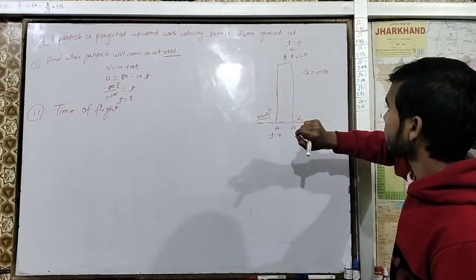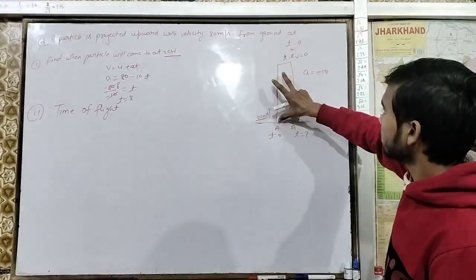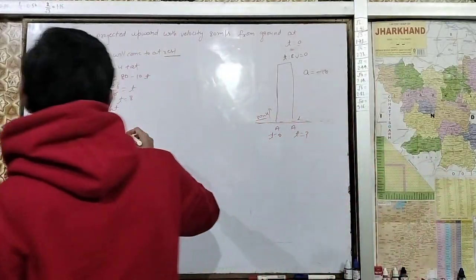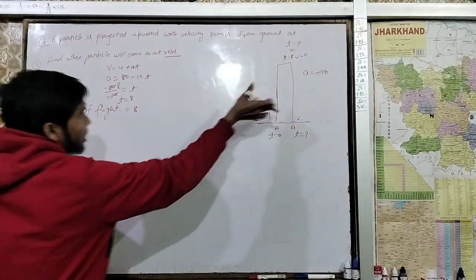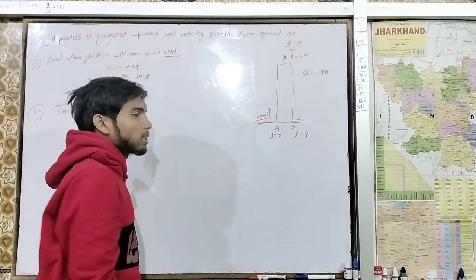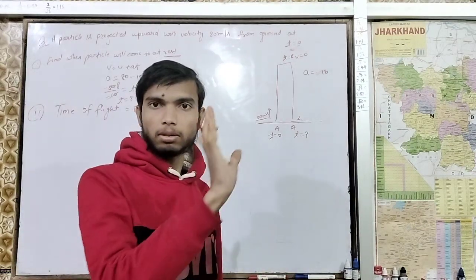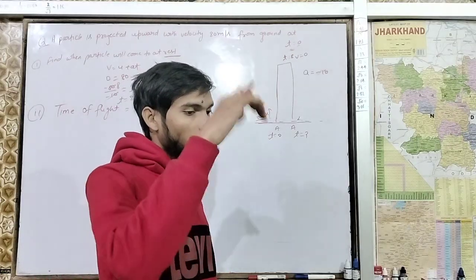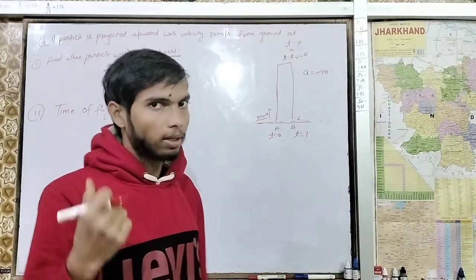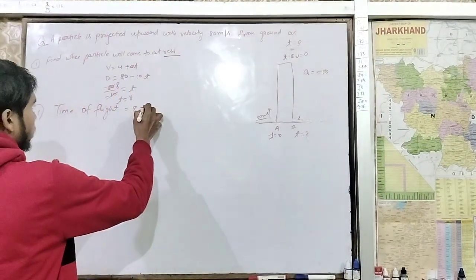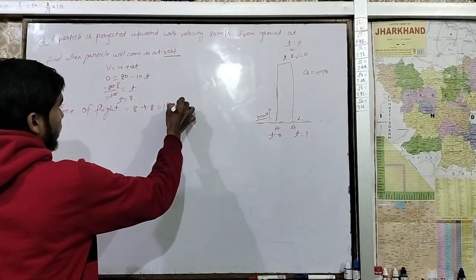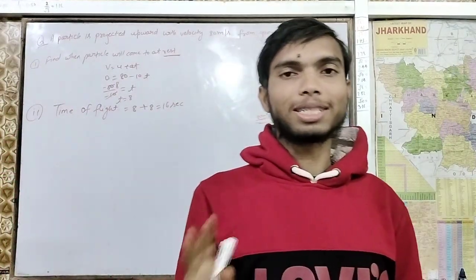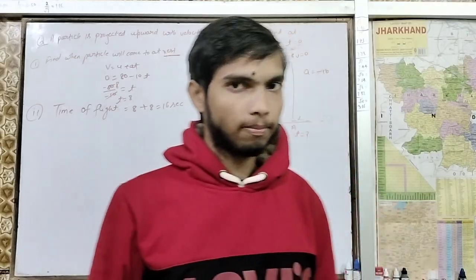This was the half displacement, going up to 8 seconds until the velocity became 0. When it comes back to the ground level, it will again take the same time, 8 seconds. So 8 plus 8 is 16 seconds. So the total time is 16 seconds. This particle took 16 seconds to stay in air.